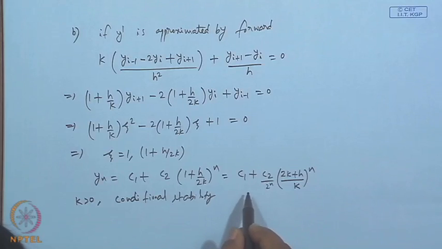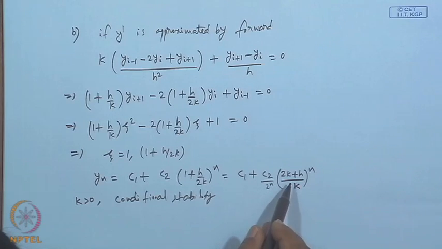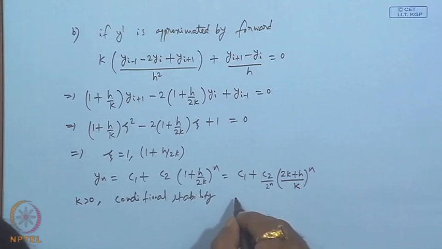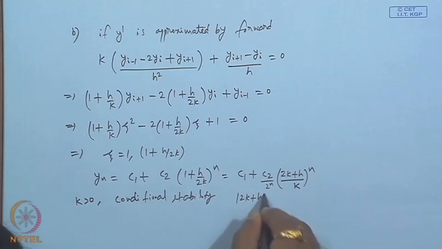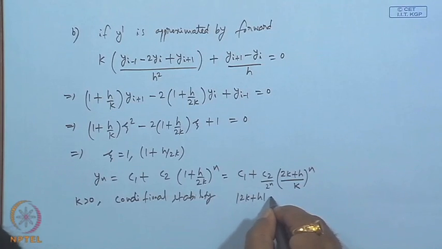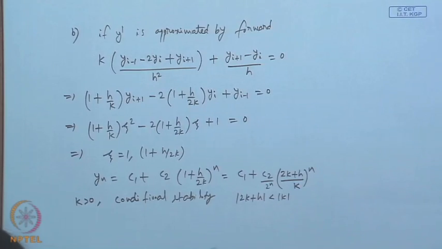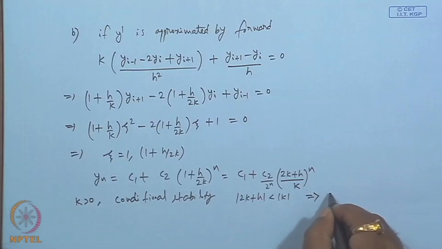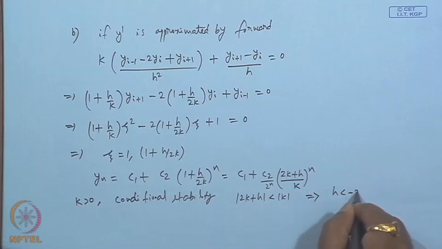So, what should be the condition? If k is greater than 0, essentially we should obtain the condition mod 2 k plus h must be less than mod k. So, then we get the stable solutions. So, this is a region we should try to get. So, this implies we may get minus 2 k.